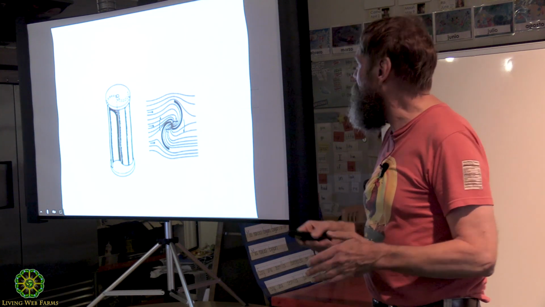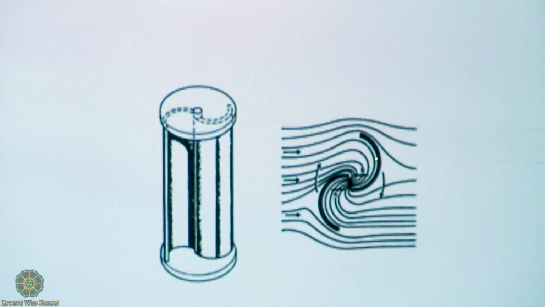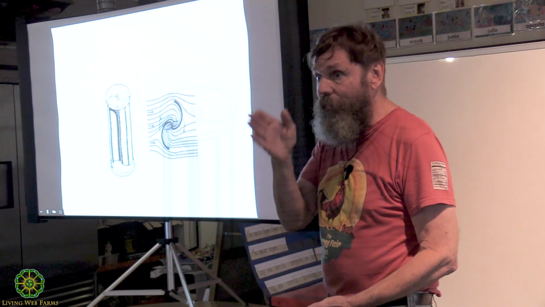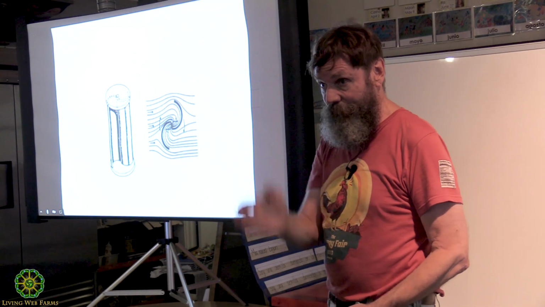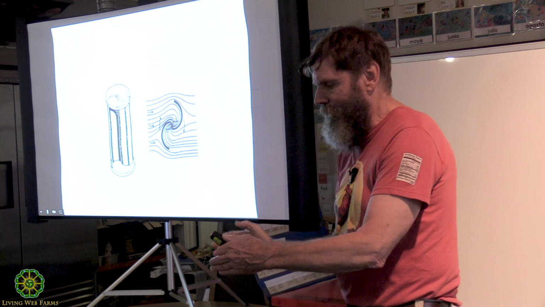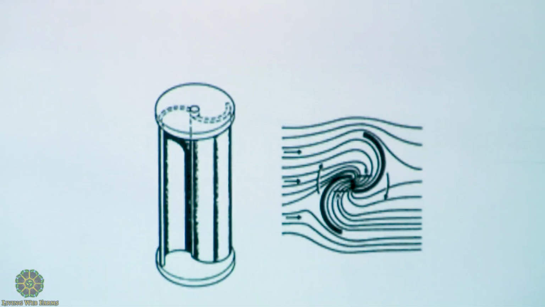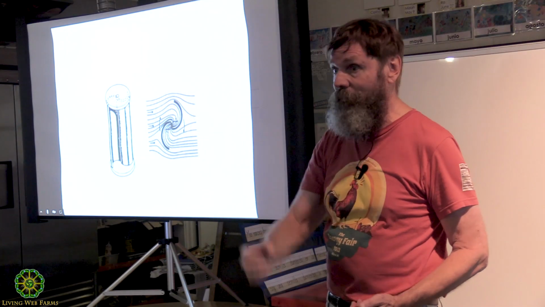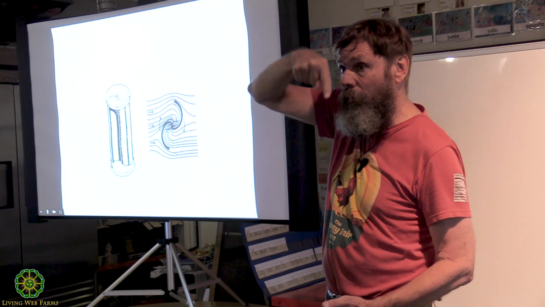Essentially, just think of two 55-gallon drums, or one 55-gallon drum cut right in half lengthwise. And then you take the two halves and just butt them together in the middle. And that's essentially on a vertical axis, so it can spin around.